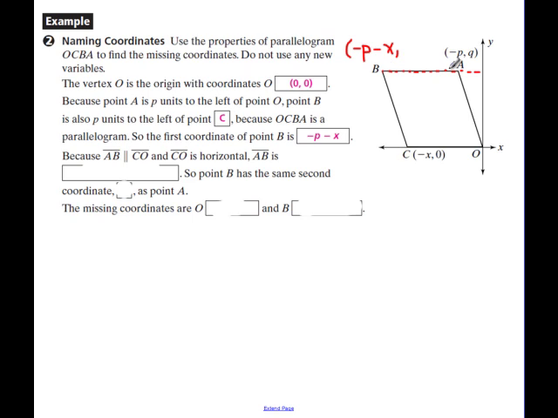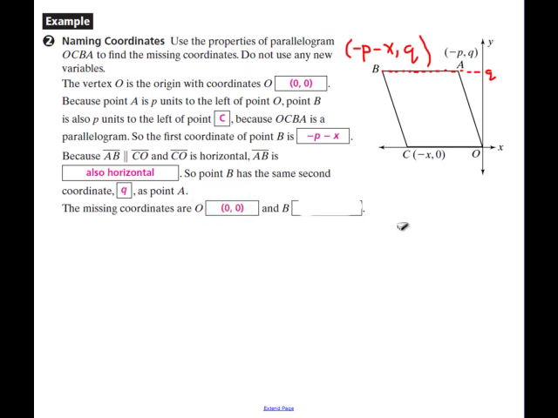So we know that BA must also be horizontal, which means that they should have the same y-coordinate, which is Q. So we can write Q in there. If this one is at Q on the y-axis, then B must also be at Q. So there's our second coordinate.